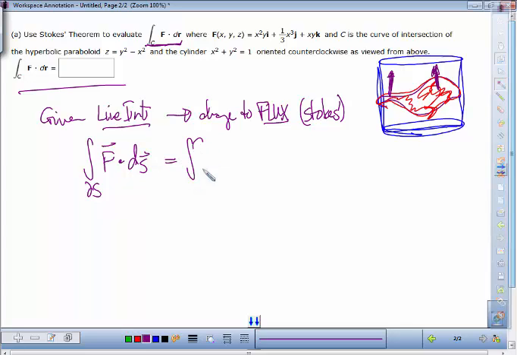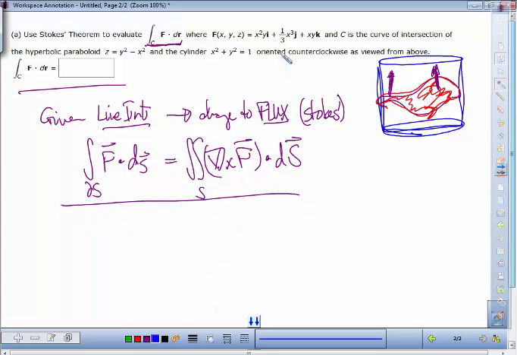And we're going to change this into the surface itself, which is the hyperbolic paraboloid bounded by the cylinder, and then the curl. So we need to find the curl of that vector field. Taking the curl of that vector field maybe, hopefully, would make it simpler for us to deal with. So we need a couple of things to work with. We need the curl of the vector field. So we have the vector field F here, and then we need to take the curl of that. So let me rewrite F over again. I don't know why.